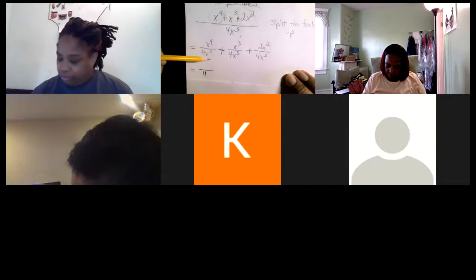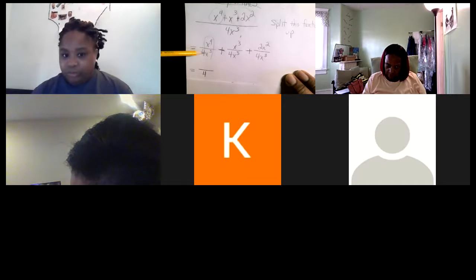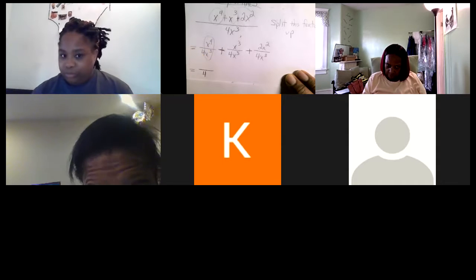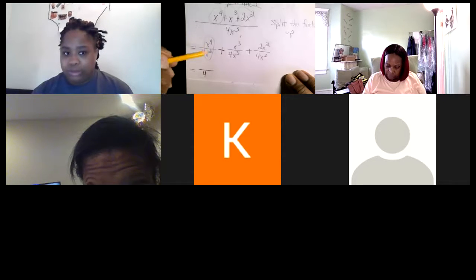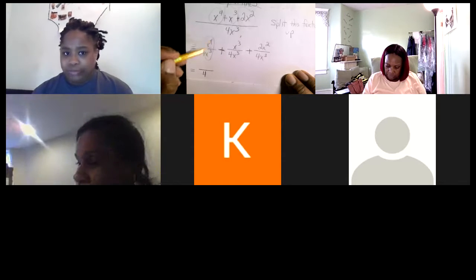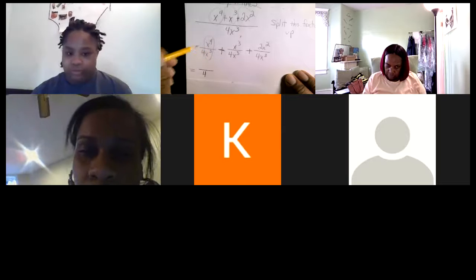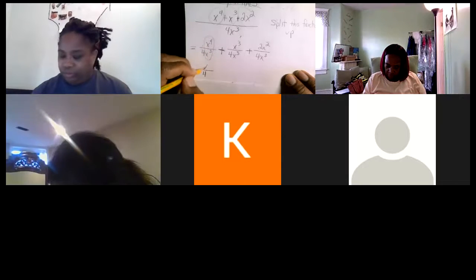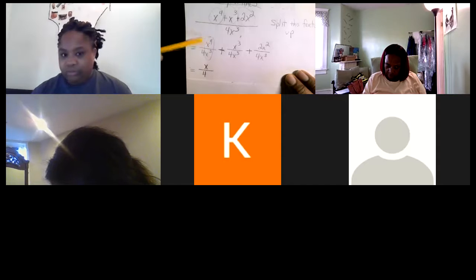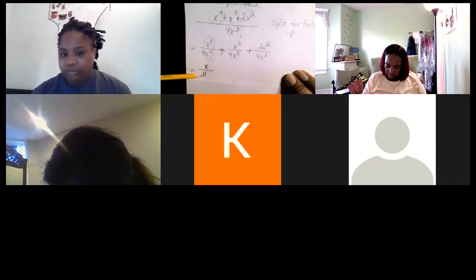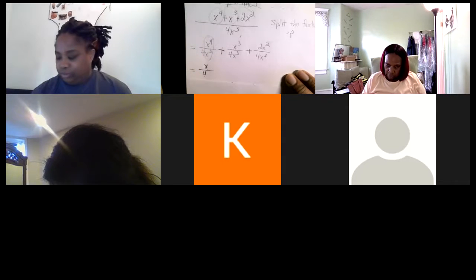But what can we do with these variables? Subtract the exponents. So 4 minus 3 is going to be the 1. And since the 4 is a higher number, this answer is going to go to the numerator. So this fraction reduces to x over 4.